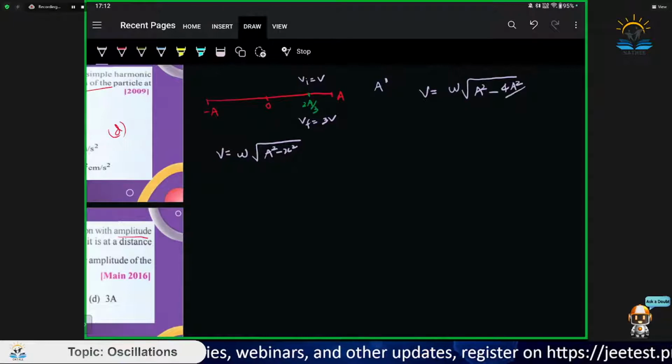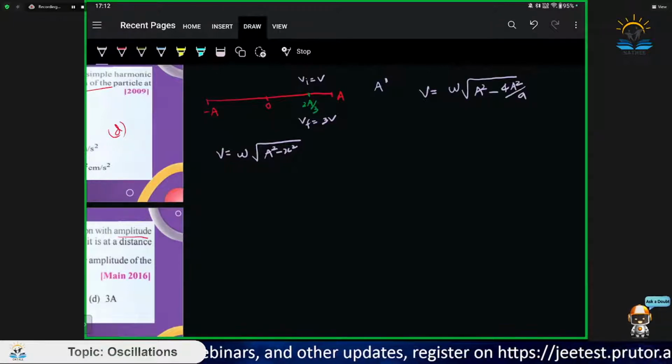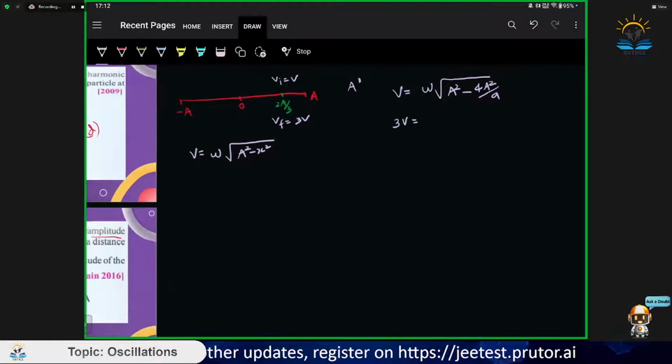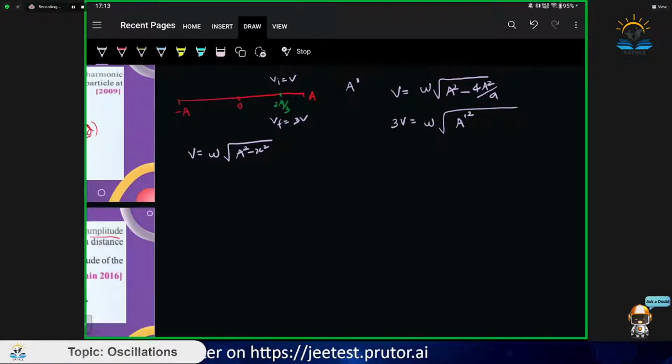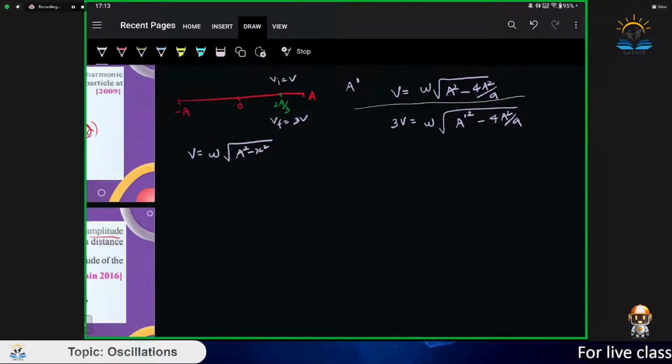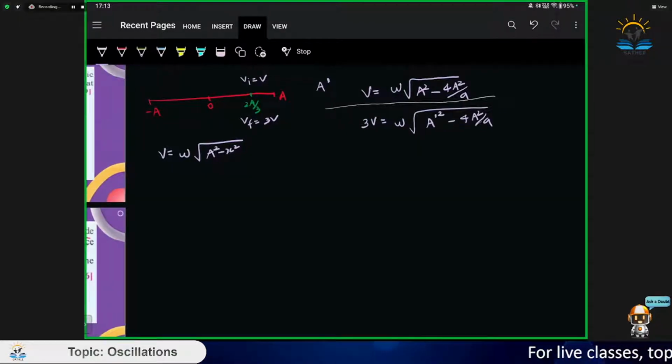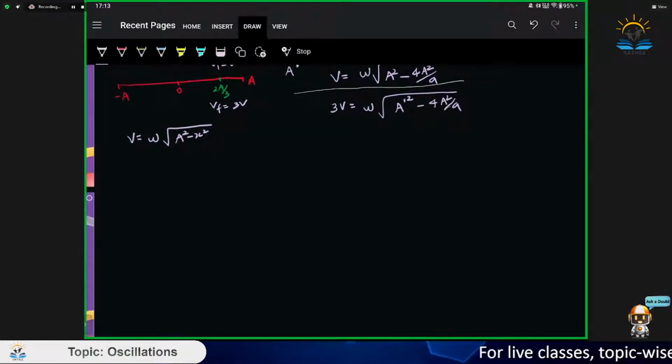Next, the velocity tripled, 3v, is equal to omega into root of, now the new amplitude, a dash square minus x square, x is 2a by 3 only, again 4a square by 9. Let me just divide these equations, equation 2 by 1, that is 3v divided by v.